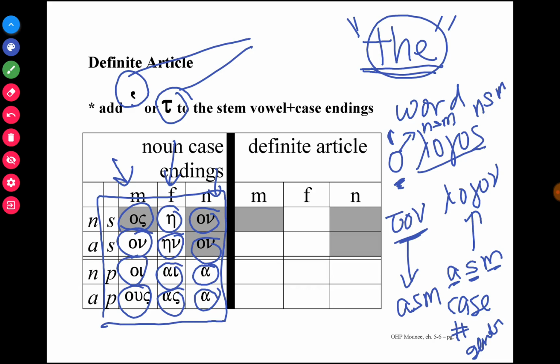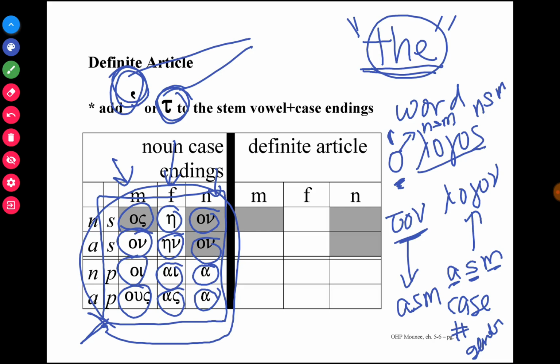You take the case endings for the nouns, the same case endings here, and then you add either a rough breathing mark or a tau to it. And where I've shaded the chart is where you have to tweak it a little bit. Mostly the nominative singular and accusative singular endings are a little bit different than simply adding a rough breathing mark or tau. But for the most part, you're using the same case endings and adding a rough breathing mark and tau.